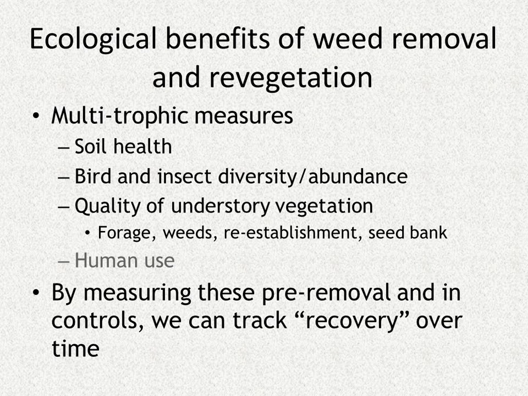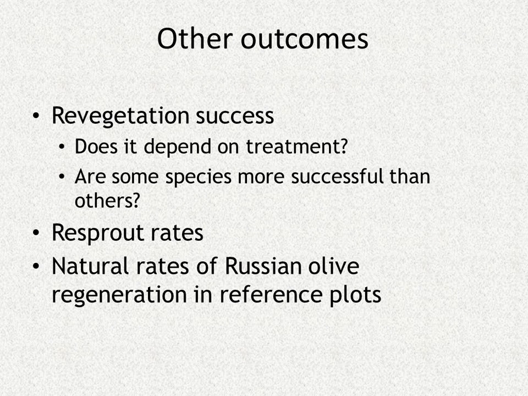So we'll have a very nice timeline. We have initial conditions, then removal, and we can track recovery over time. We have 4 different revegetation protocols, which I'll talk about in a little bit. We want to know if the success of our revegetation depends on what we use.